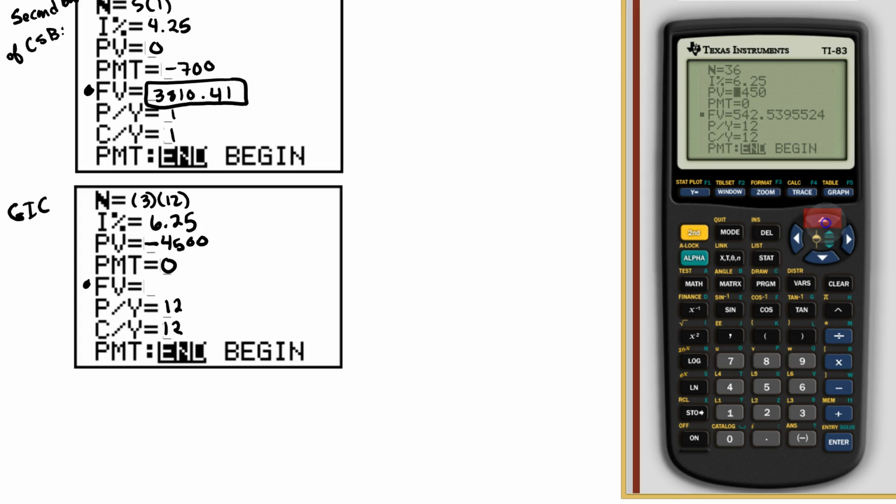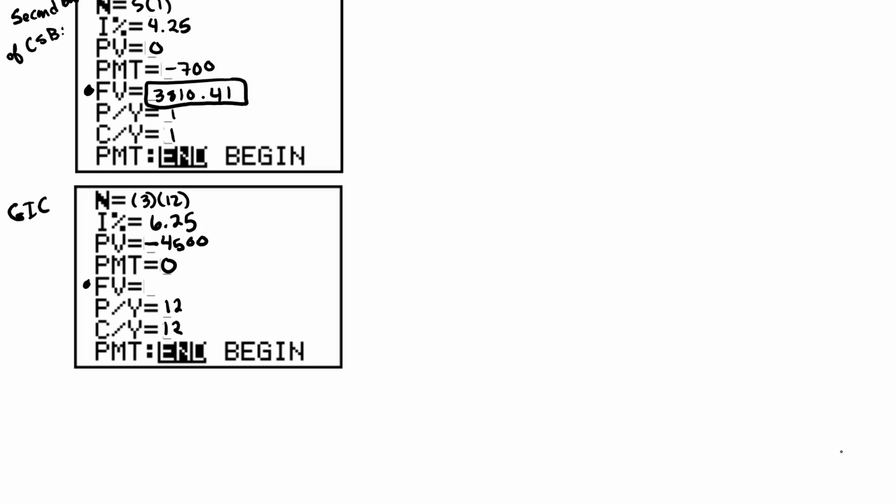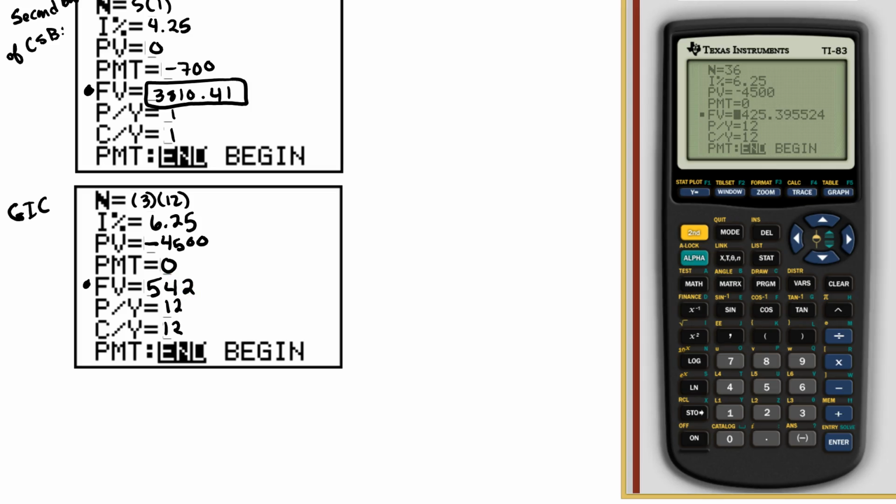Wait a minute. Look at what I put here. I said negative 450. It should be negative 4,500. No problem. Simple fix. Alpha, enter. There we go. That's what I'm talking about. So $5,425.40.